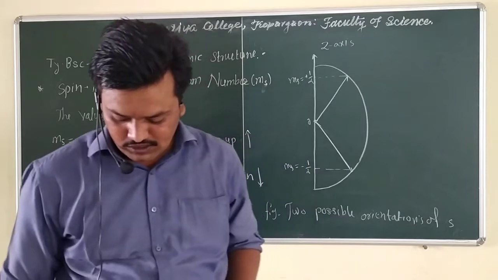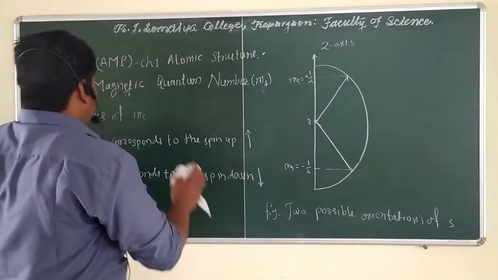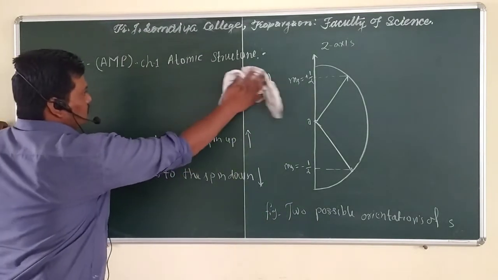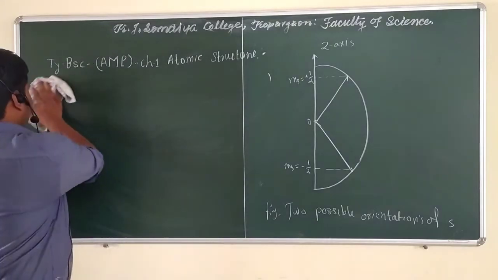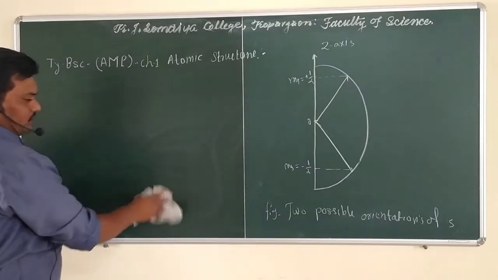The next quantum number, the fifth quantum number, is the combination of the spin magnetic quantum number and the orbital magnetic quantum number.